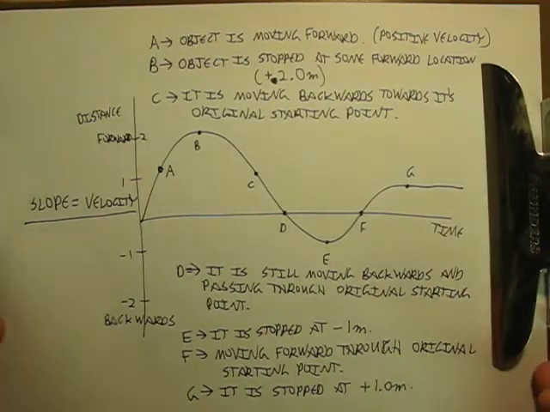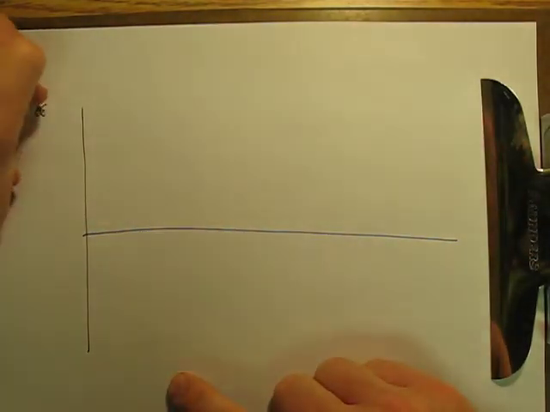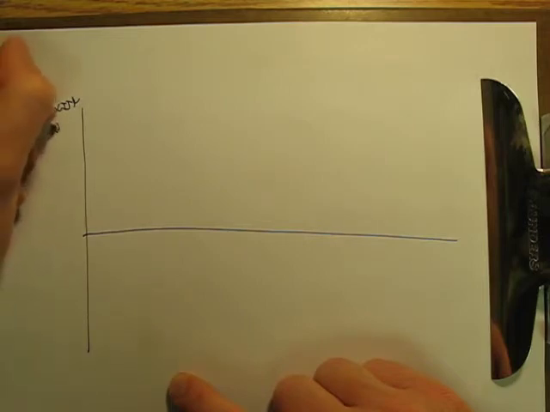Okay, now we're going to talk about a velocity time graph. And we're going to make it almost the exact same thing. Velocity, and this is going to be forward, backward.